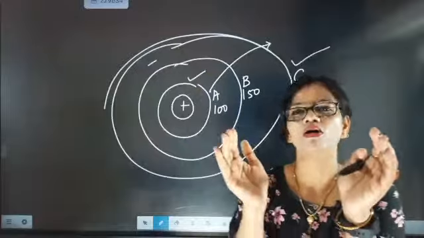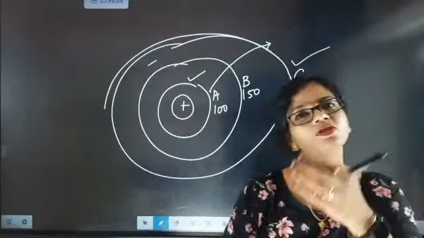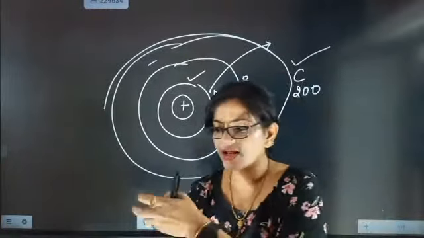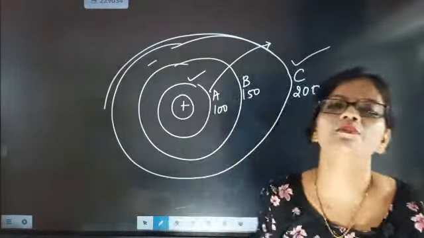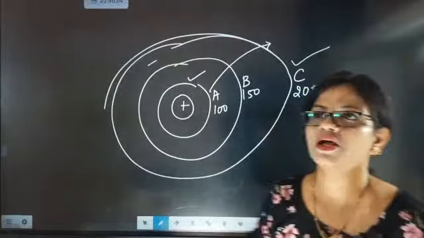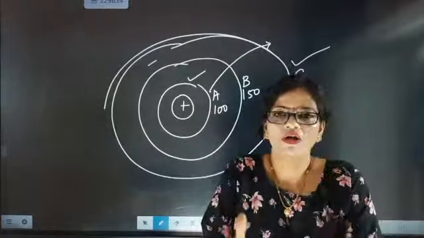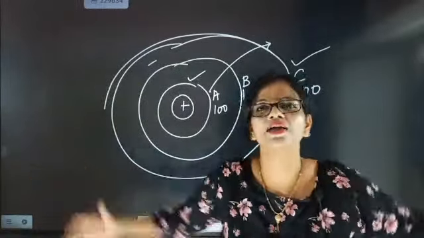The smaller orbit electrons do not use much energy, because they are very near to the nucleus. So their energy usage is lesser compared to the outer orbit. The outer orbit's energy part will be more. That's why we say that we always jump from lower energy level to higher energy level.